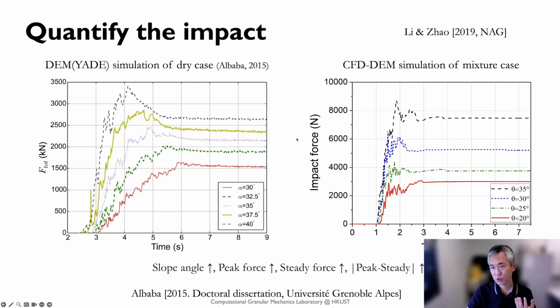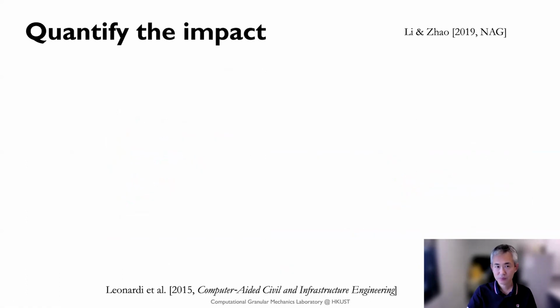And also we can do a parametric study to see how this impact force changes with the slope angles, like how the peak force changes, the flux angles, what the steady state forces are, and these are the other quantitative analyses that we can do through this simulation here.